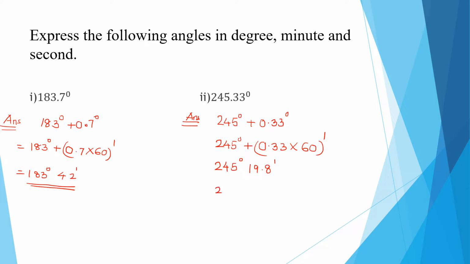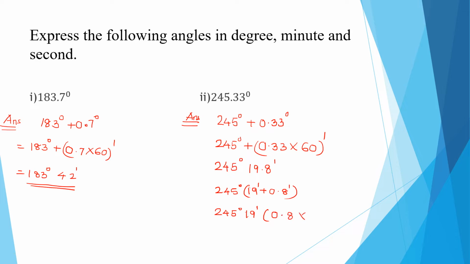So I'll write this as 245 degree 19 minutes plus 0.8 minutes. Correct? Again 19 is a proper number. We won't do anything to it. So 19 minutes. Now 0.8 minutes I need to convert into seconds.